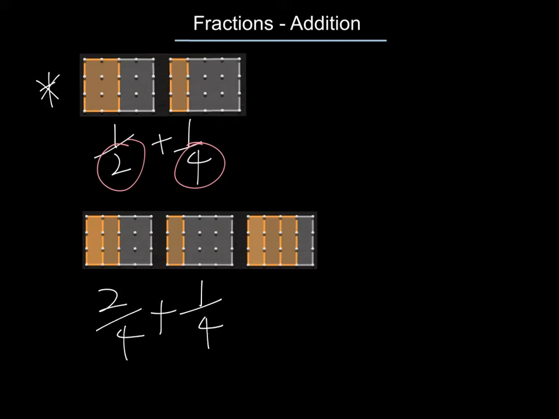When you look at the bottom diagram, you can see that the pieces that we're adding together, the 2/4 and the 1/4, are now the same size, and we can add them together just by adding the 2 and the 1 on the top and getting 3. You don't add the bottom numbers. The bottom numbers are telling us how big the sizes are. You just add the numerators, the top numbers.